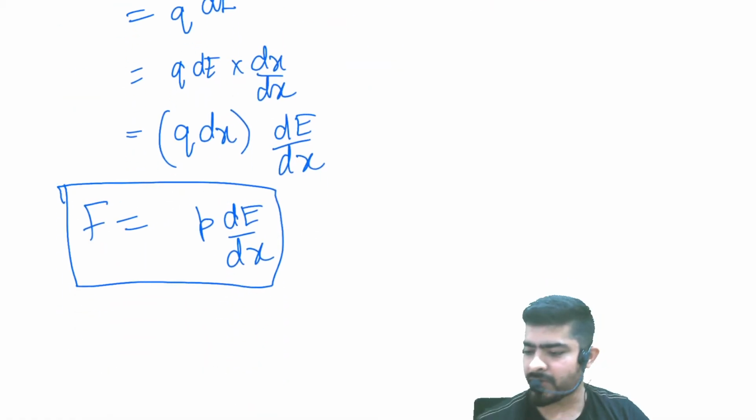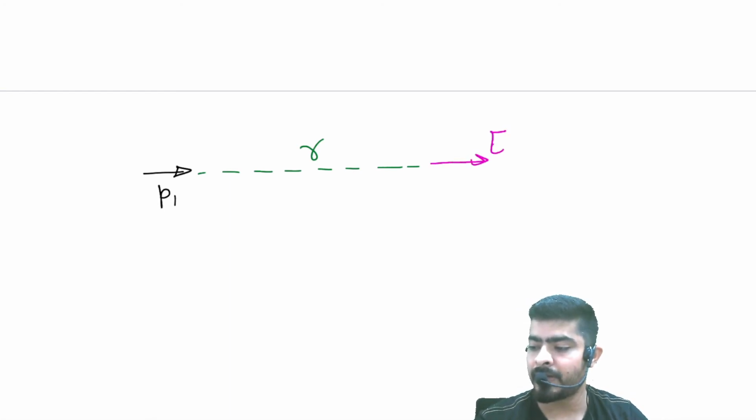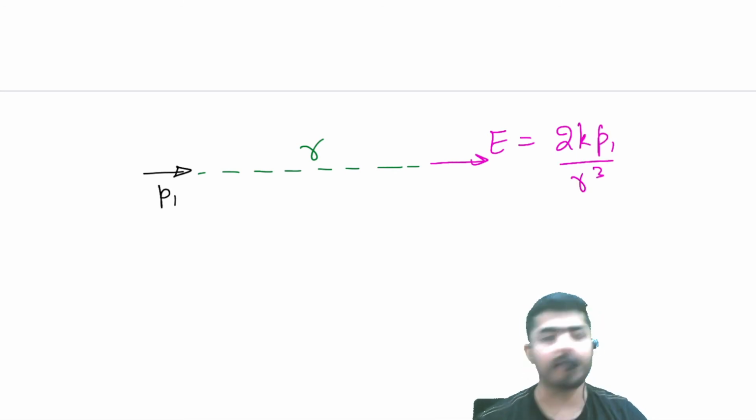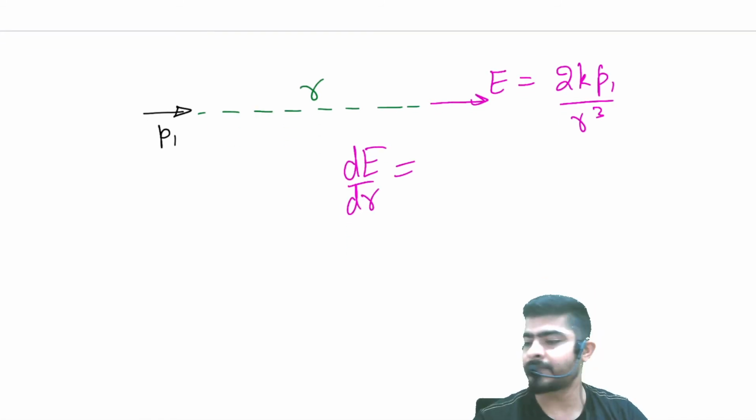So let me try to solve now. So I have got P1 over here. So due to P1, what is the electric field at distance r on its axis? Electric field is given by 2k P1 by r cube. So dE by dr will be how much?